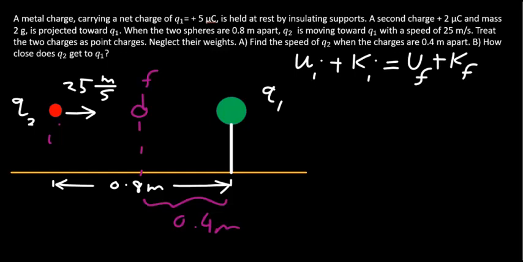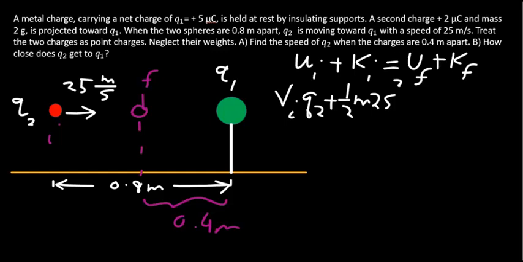We can calculate using the expression that we have discussed before, namely the potential at the initial point created by Q1 times Q2. The kinetic energy is half times the mass of Q2 times the speed there, 25 meter per second, squared.